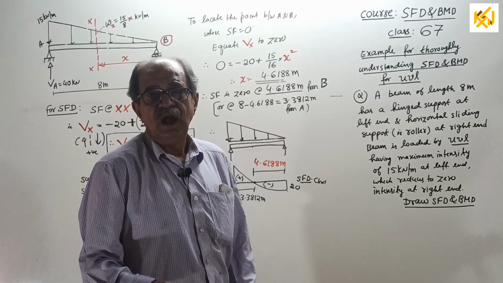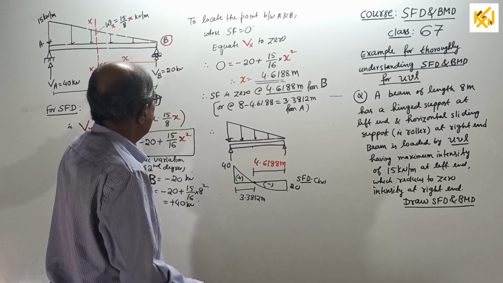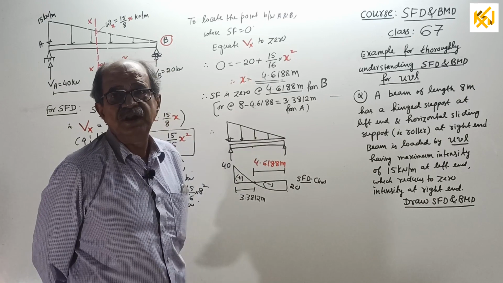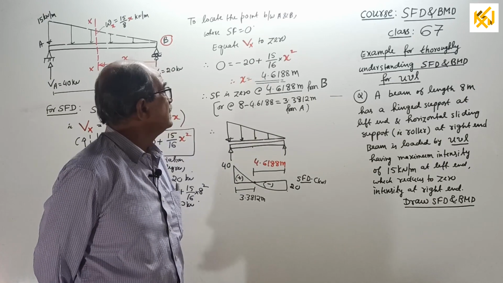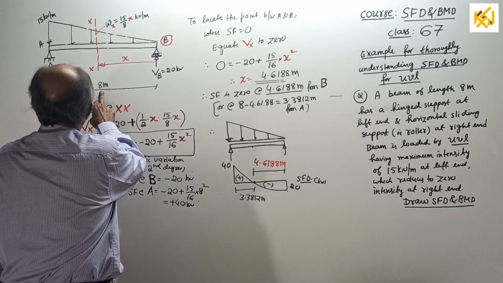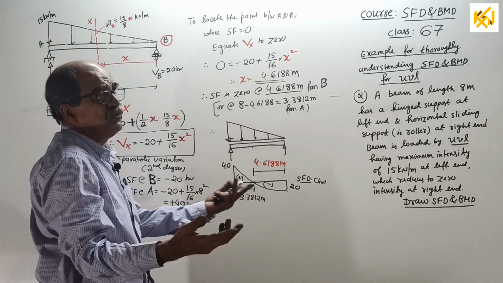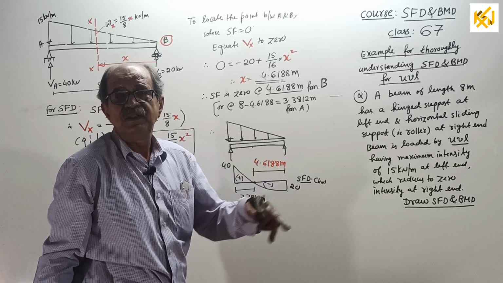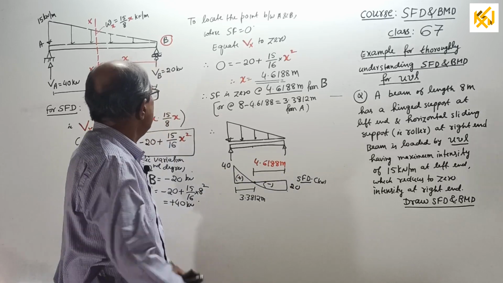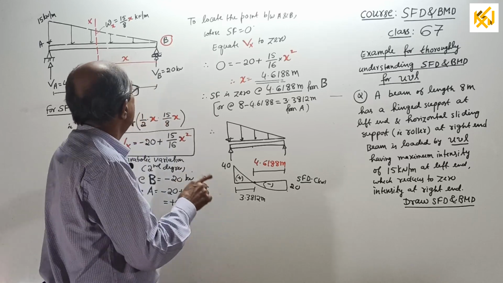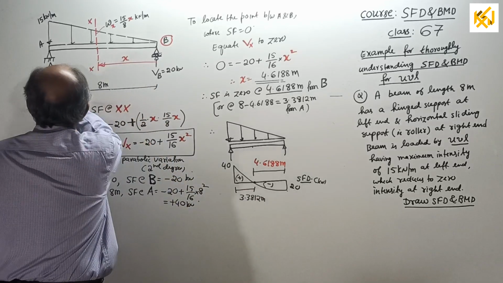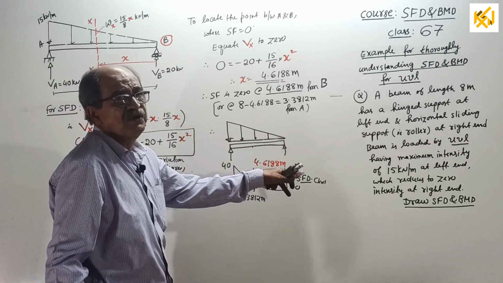I wrote everything for the shear force diagram, all calculations, including the diagram. Already the same question was done last time. I told you that instead of 8 meter and 15 kN per meter, some other values are there. So referring to that, study again and again and thoroughly complete this one. Our today's class purpose is to solve the question when you take x from A. But why am I solving this one?